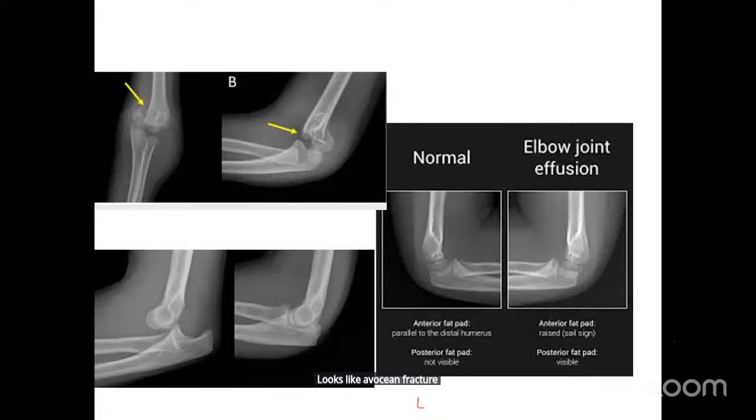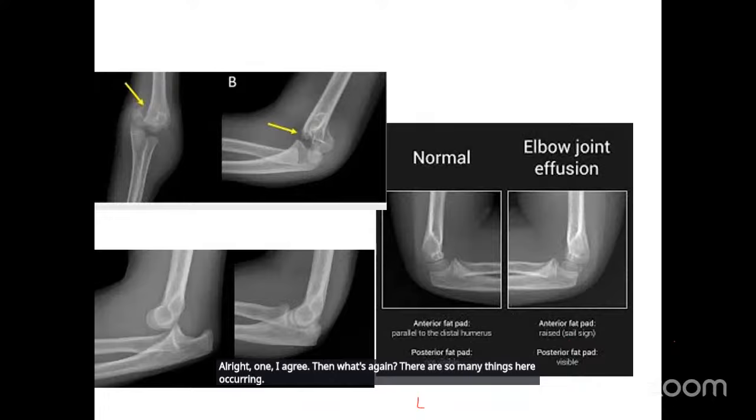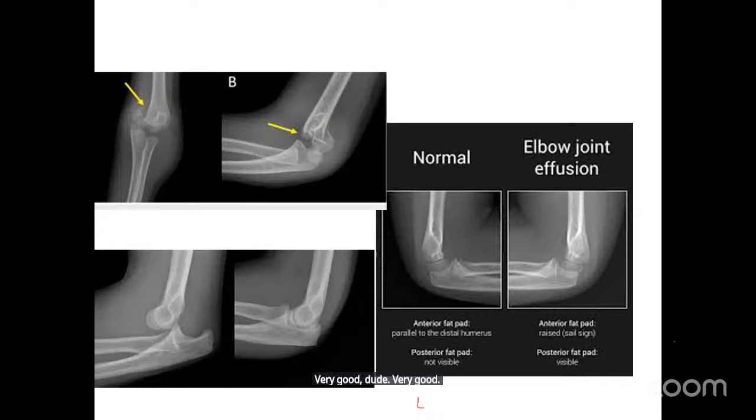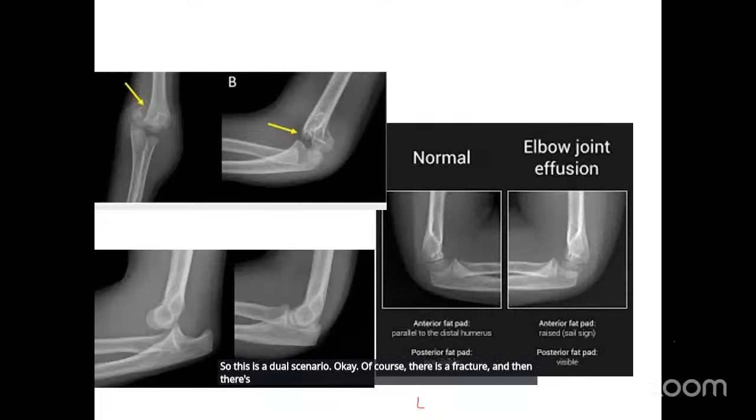All right, I agree. Then what again? There are so many things occurring here. There was a dislocation here, sir. Very good. So this is a dual scenario: there's a fracture and then there's a dislocation of the olecranon completely out.